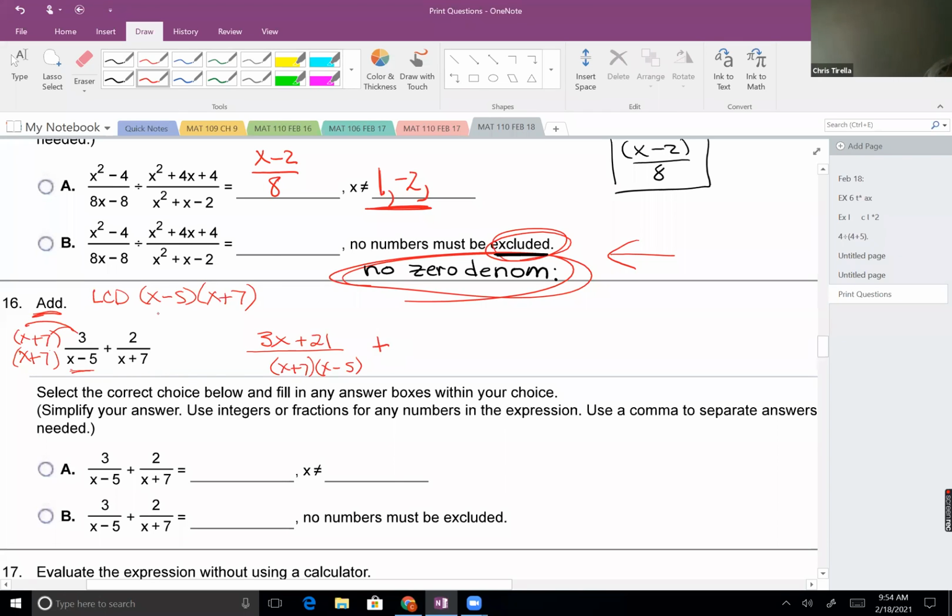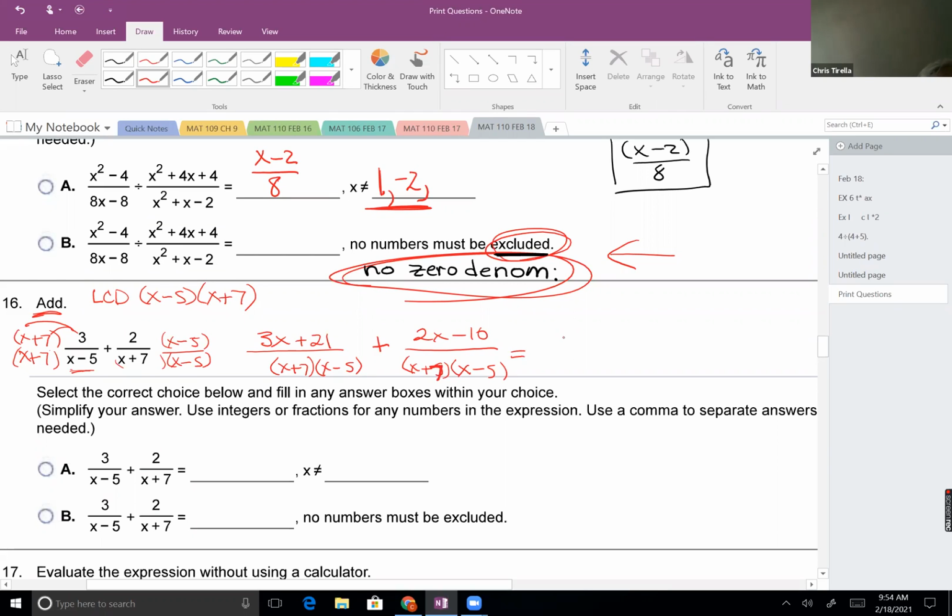Next one, in order to get the common denominator, it's missing the x minus 5. And again, I have to do the same thing, numerator and denominator. So that gives me 2x minus 10 over that common denominator, x plus 7, x minus 5.